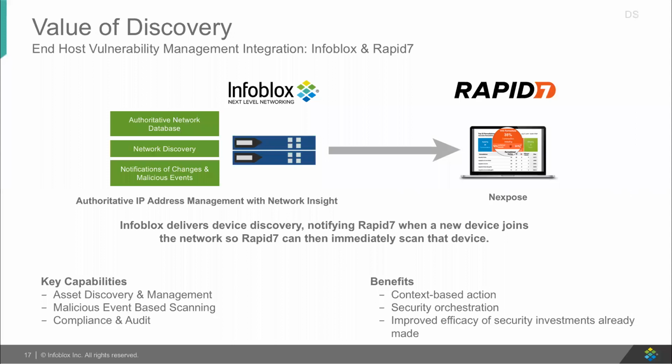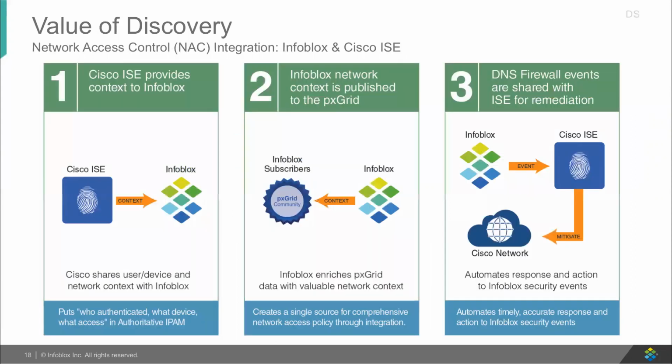You can fire out to anything that you want. And we do have a lot of out-of-the-box integrations for this. This one is showing Rapid7, but we have others with McAfee and Qualys and Tenable and that sort of thing. So the use case might be, hey, we discovered a new subnet, pass it out to Rapid7, they can do an immediate subnet scan of it. But again, the sky's the limit on what you want to automate there.